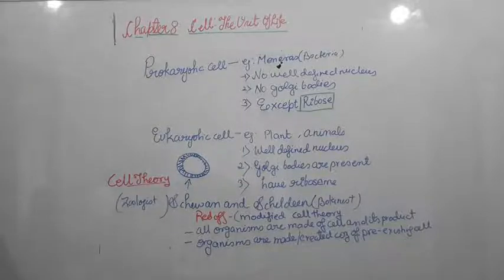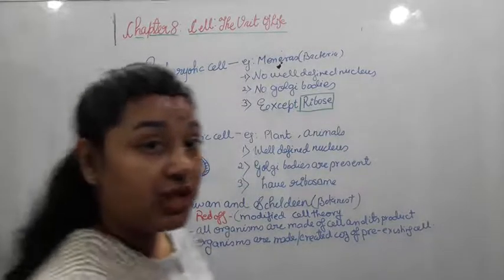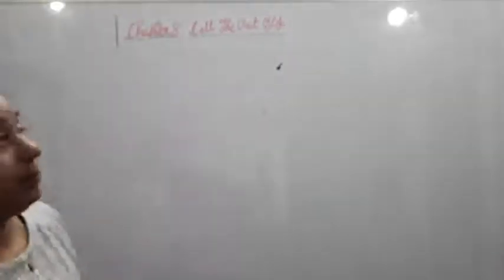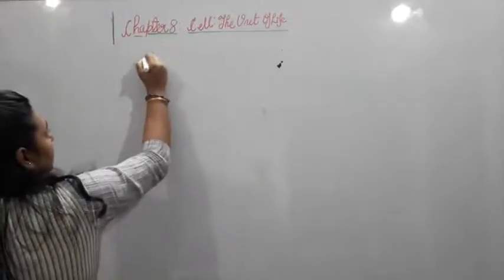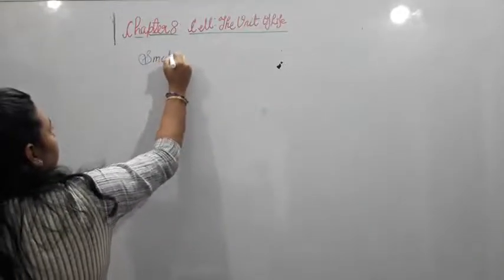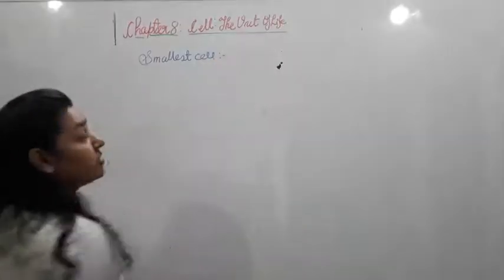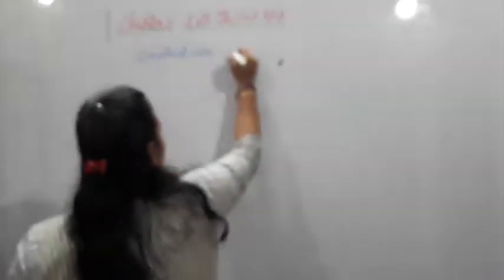Now let us see the shapes and sizes of different cells. The smallest cell which you can see is of the PPLO, which is a bacteria.